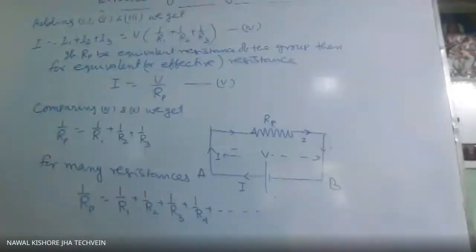So if 2, 3, 4, 5 ohm are connected in parallel, then 1 by RP will become 1 by 2 plus 1 by 3 plus 1 by 4 plus 1 by 5.